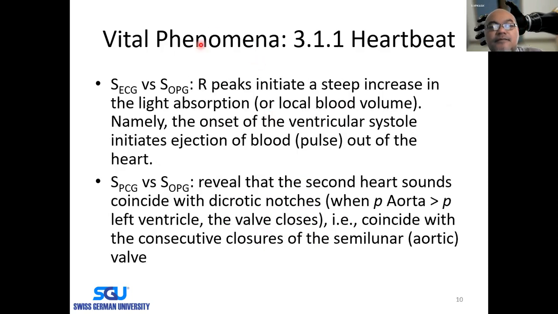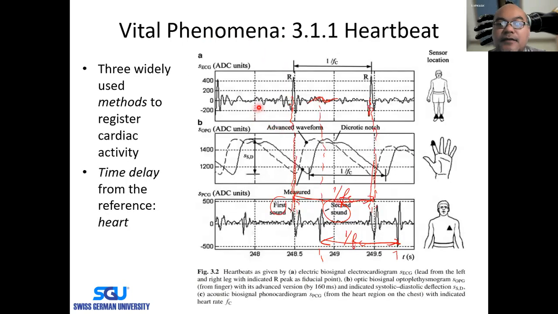Okay. So when we compare ECG and the OPG, the optoplethysmogram, the R peak initiates a steep increase in the light absorption, or local blood volume. Here we see again between A and B, the R peak starts this one.